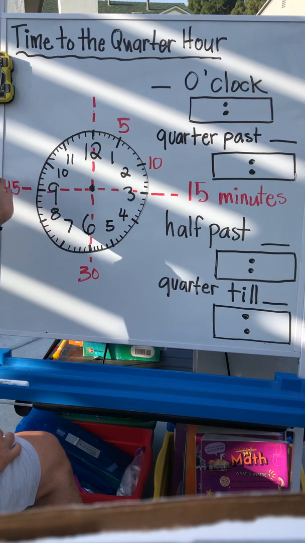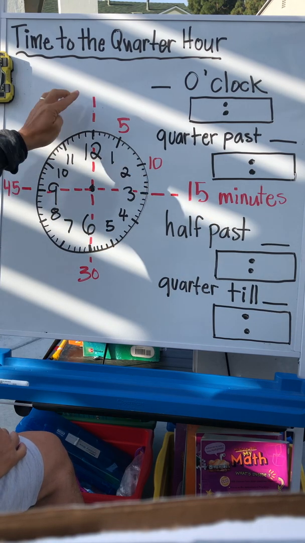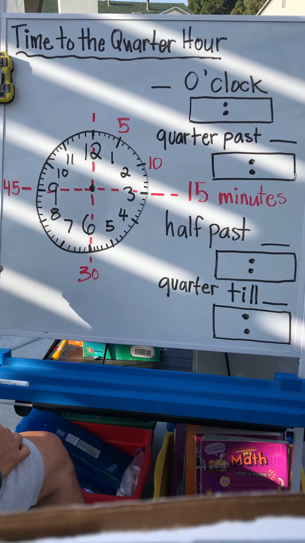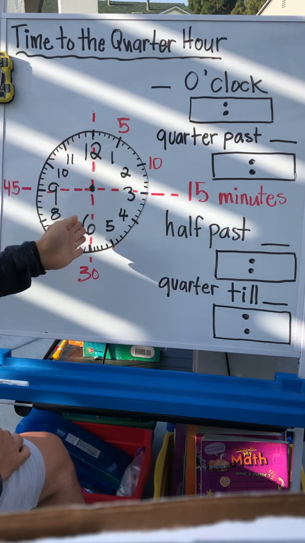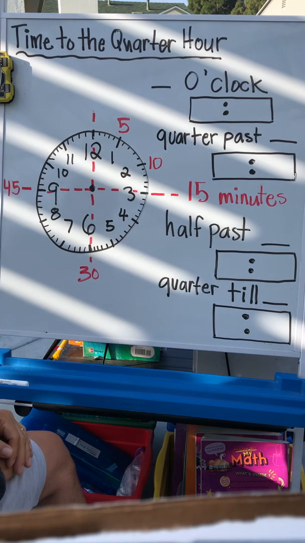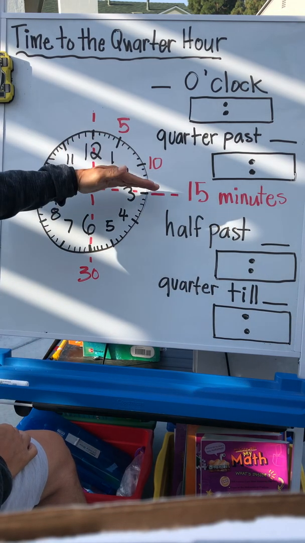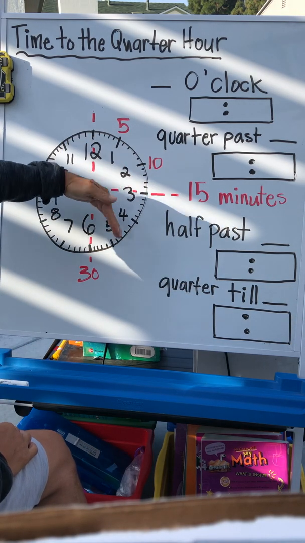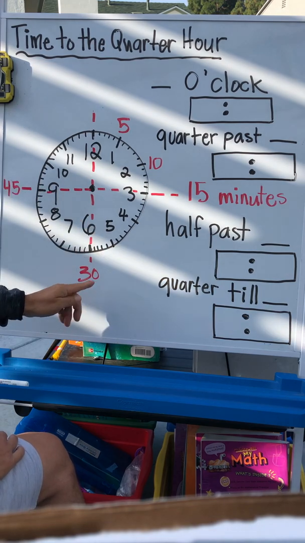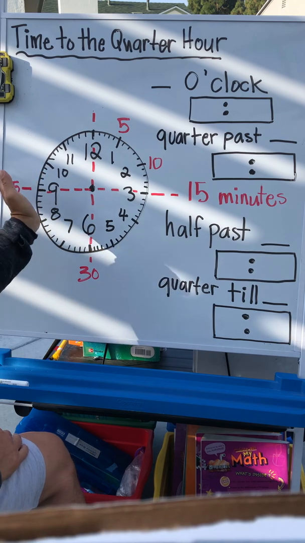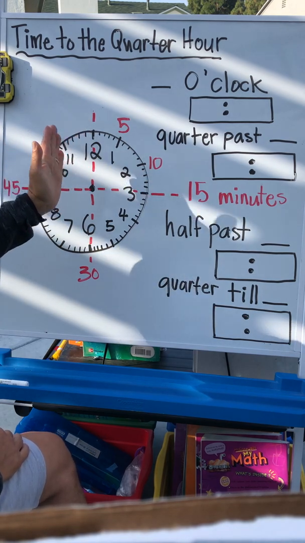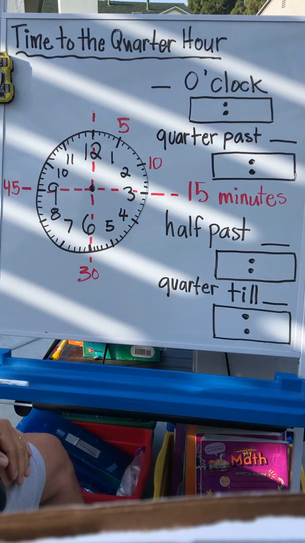And then when we go from 45 all the way back up top, that's 60 minutes. So if you look at a clock, you can divide it into 4 parts. And each of the 4 parts is called a quarter of an hour. So here's 1/4 at 15 minutes, 2 quarters at 30 minutes, 3 quarters at 45 minutes, and then 4 quarters, we call that 1 hour.